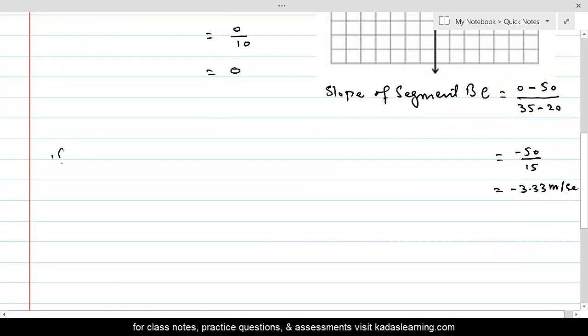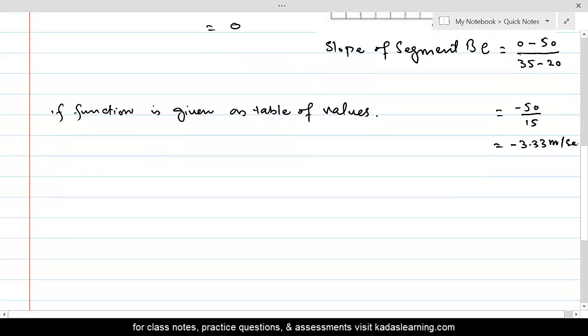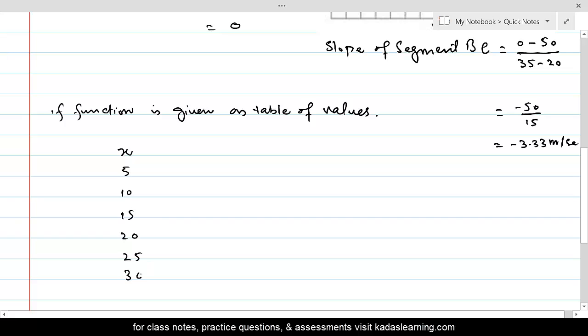If the function is given as a table of values, let's assume here x is the independent variable and its value changes from 5 to 10, 10 to 15, 15 to 20, 20 to 25, and 25 to 30.